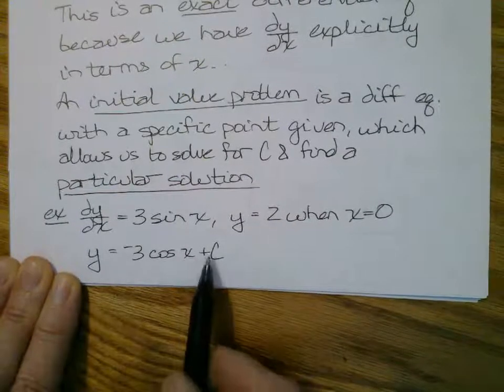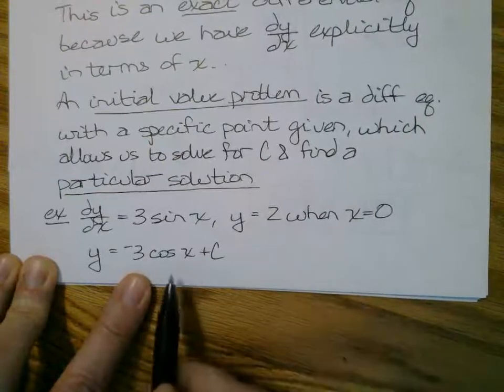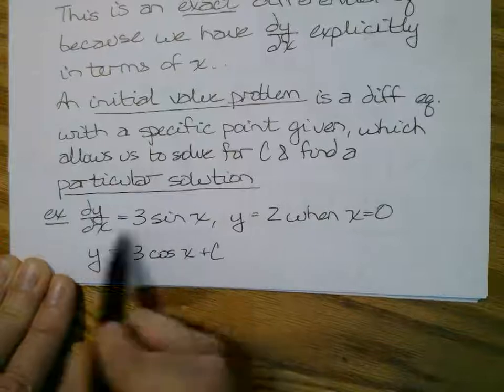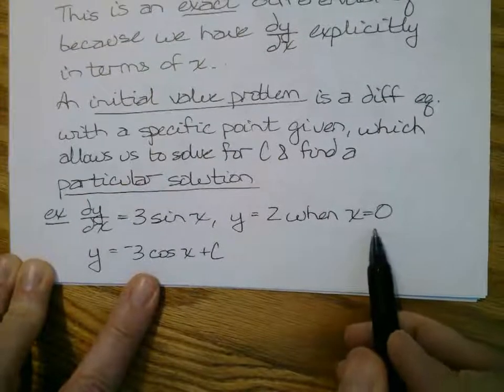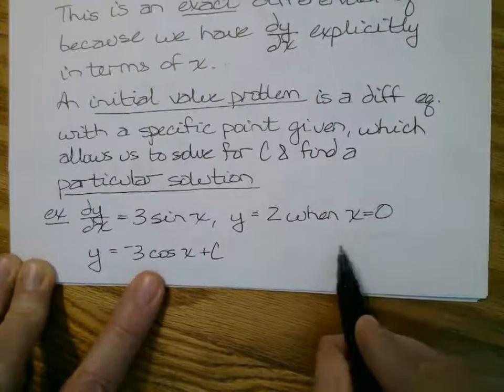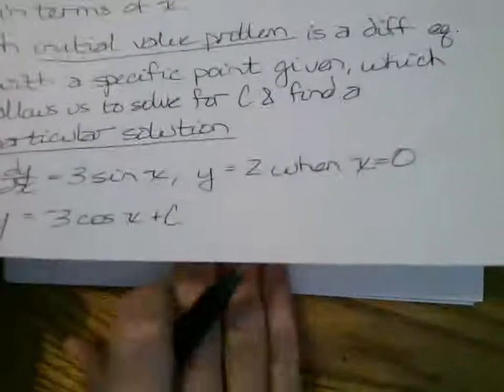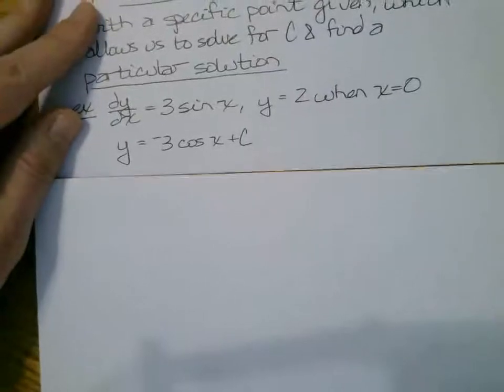Okay, so there's my general solution, but we're not done because I don't just want the general solution. I want the particular solution, the particular one of this family of functions that has y equals 2 when x is 0, and there's only one that does that. So next thing I'm going to do is go like that so that I have more paper.